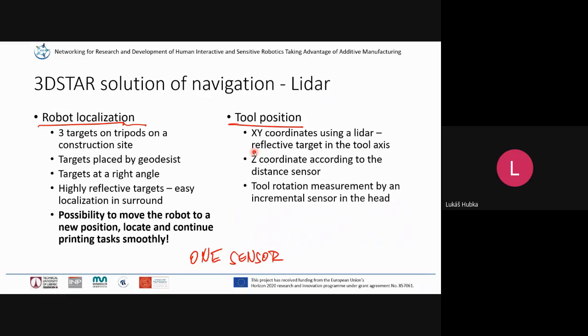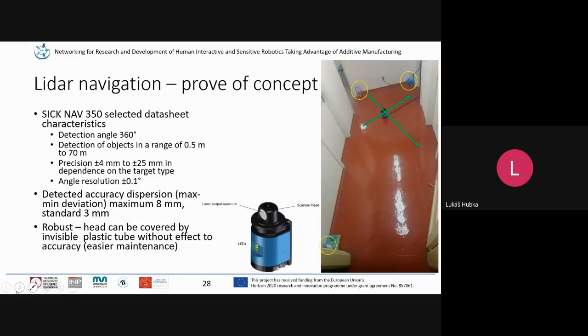The height can then be measured by some external sensor. It's not so huge a problem. Here I have some results which we have from a proof of our concept.